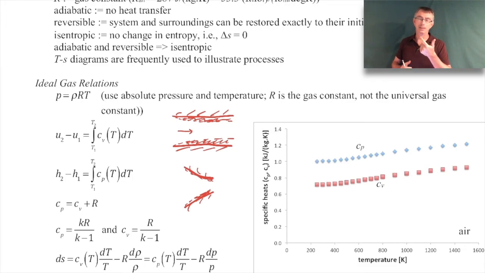So if we have an inviscid flow, that's a reversible flow because the viscous effects cause irreversibility. But if we don't have those, then we have a reversible flow. So in these kinds of situations, we have adiabatic and reversible flow, which means it's often treated as an isentropic flow. It's an engineering approximation that works pretty well, in fact. So we'll come back to that in a different video lecture.